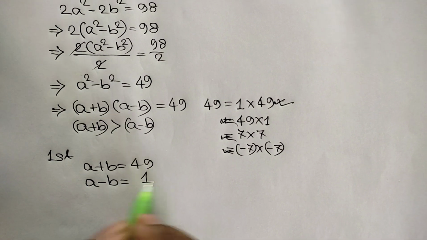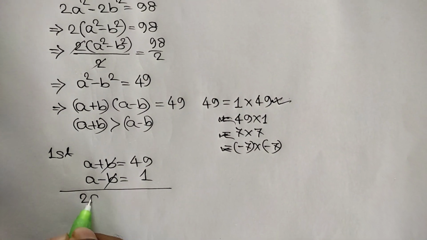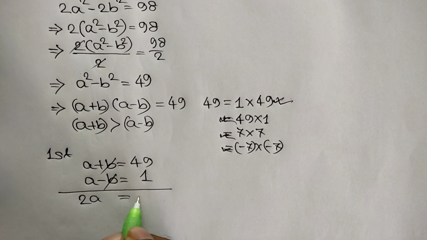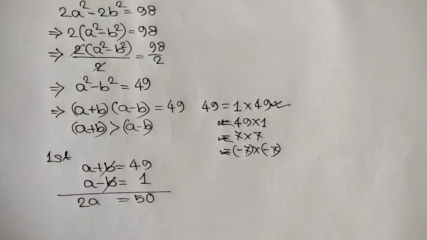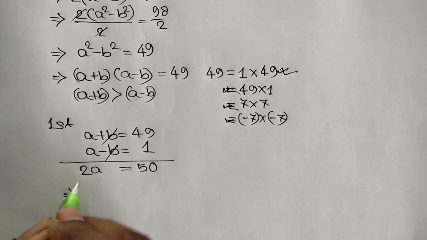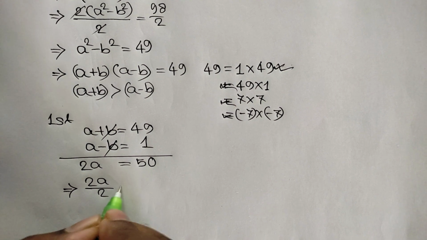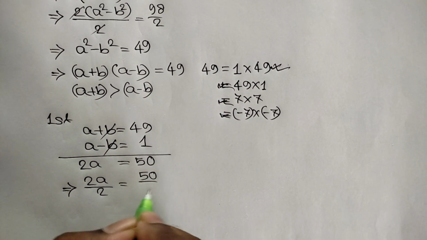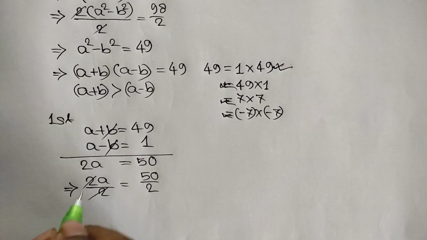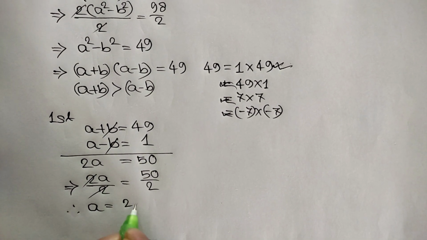Now adding these two equations, we will get 2a is equal to 50. Divided by 2 to both sides, we can write 2a over 2 is equal to 50 over 2. This 2 cancels out this 2, so the value of a is 25.